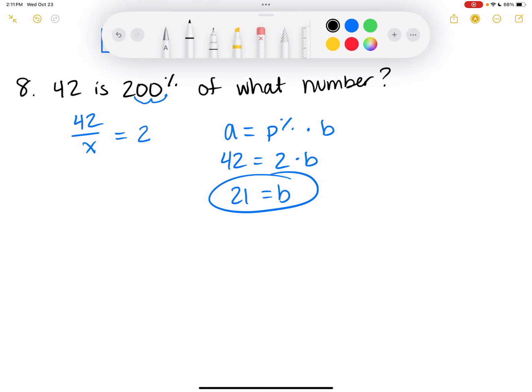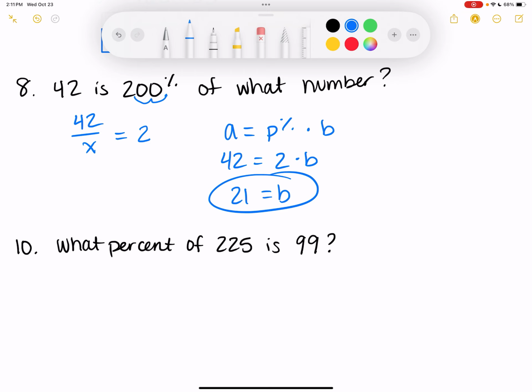All right, number 10. What percent of 225 is 99? So what am I trying to find in this one? What percent? So I set it up. What percent of 225 is 99?